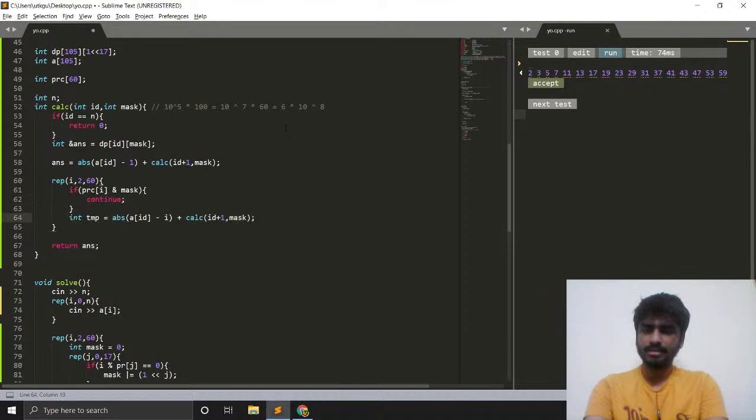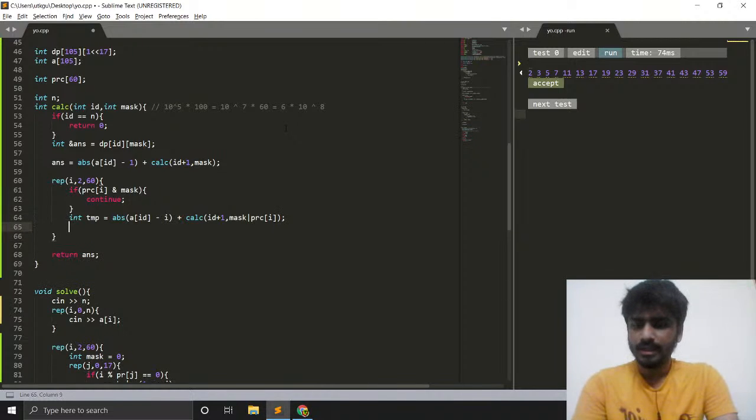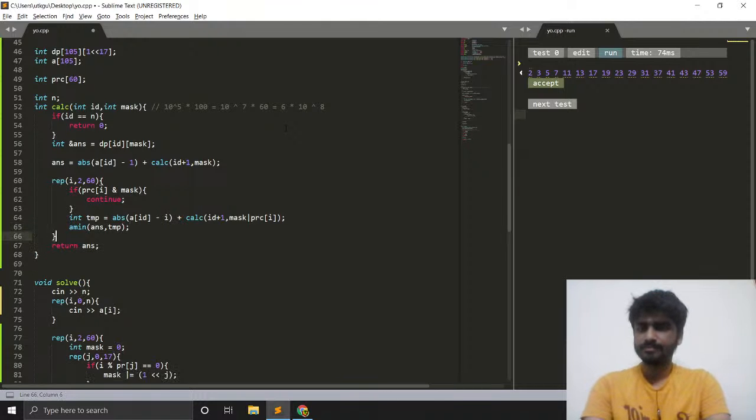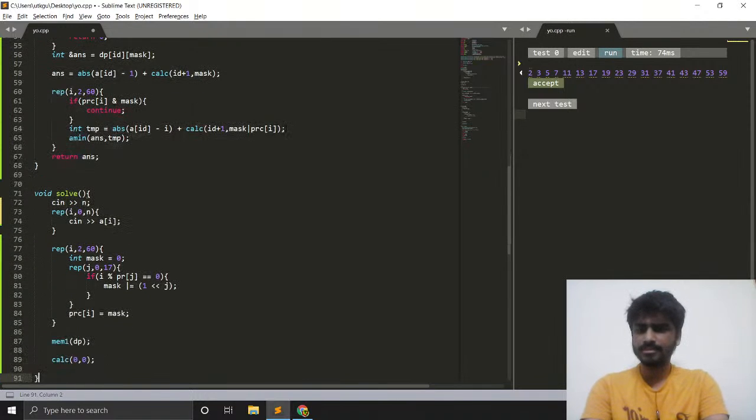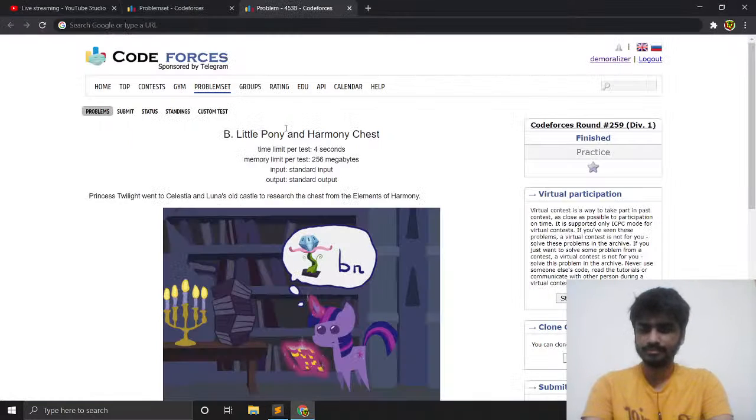Otherwise, the answer will be we place I and the mask will get included in that as well. So I use the bitwise or to include that. Then we need the minimum answer, right? So minimum of answer. I think that's it. That should be the answer to the question.